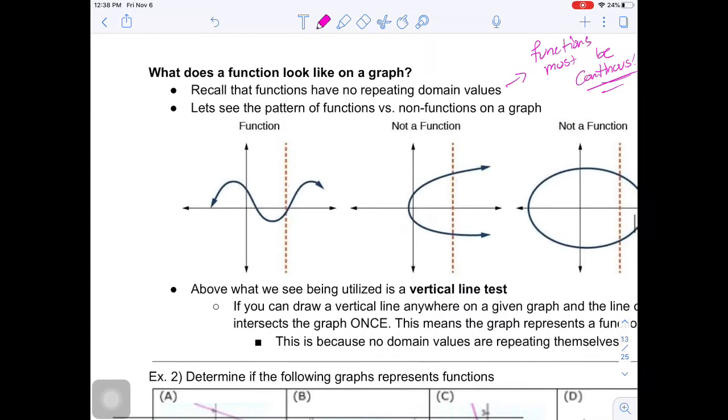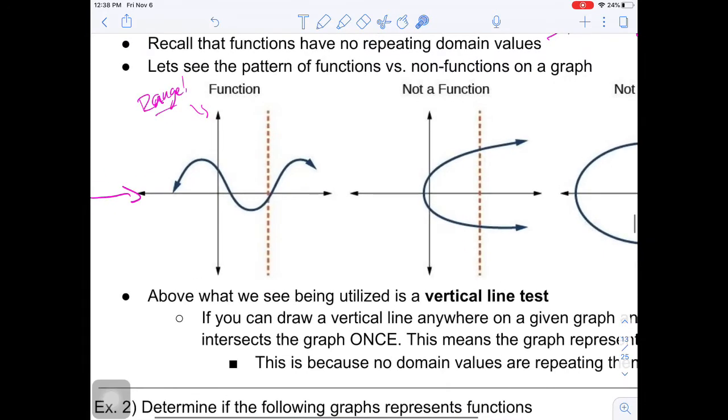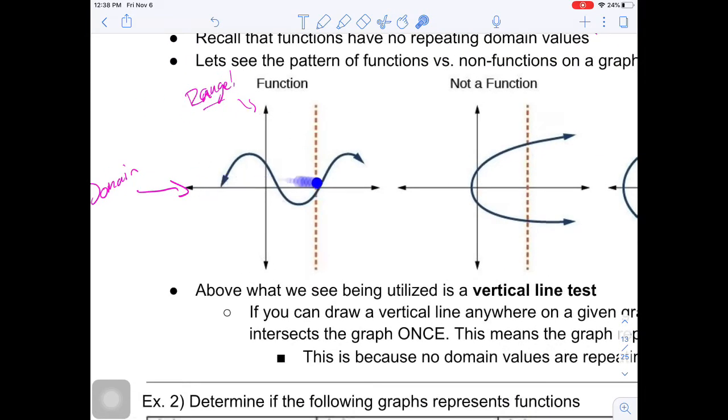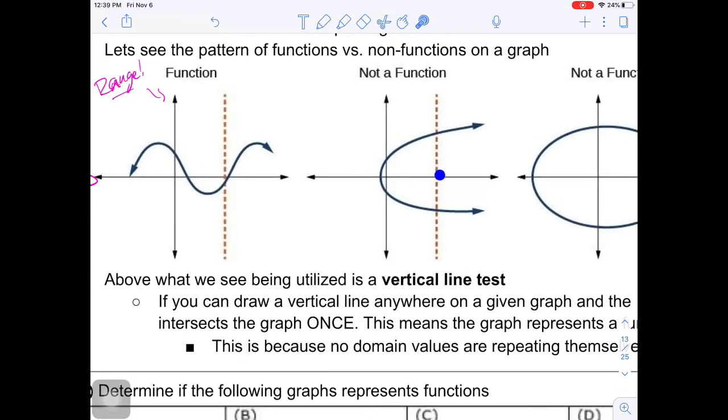Notice, because remember, your horizontal line is known as your domain, and your range is your vertical line. Visually, we can see that each domain point here only has an individual range point, right? Over here, though, like this domain point, whatever it is, let's call this A. A has two corresponding range values.